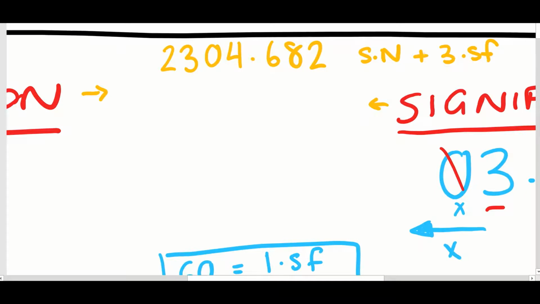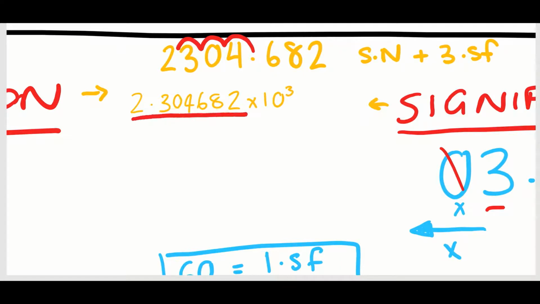Let's have a look. The first thing you want to do is put it into scientific notation. That's the easy one. We go, okay, 2.30462 times by 10 to the power of 1, 2, 3 jumps, so to the power of 3. Now, this number here, rounded to 3 significant figures.